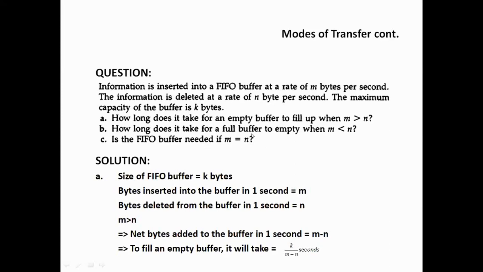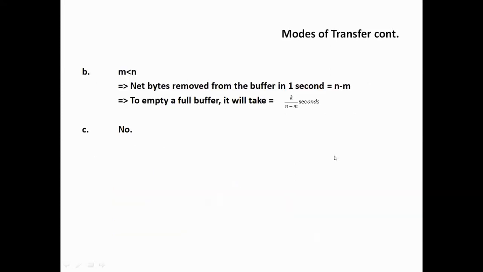So there is obviously no need of a buffer then, because a buffer is something related to storage. In this case, we don't have to store anything. That one thing is coming, that same thing is being removed at the same time. So when m is equal to n, we don't need any buffer. So is the buffer needed? No, we don't need this.